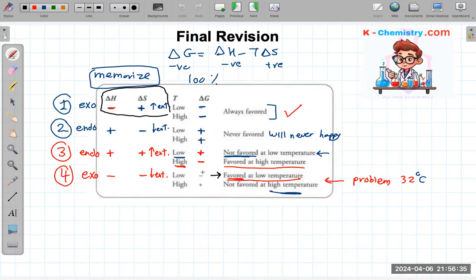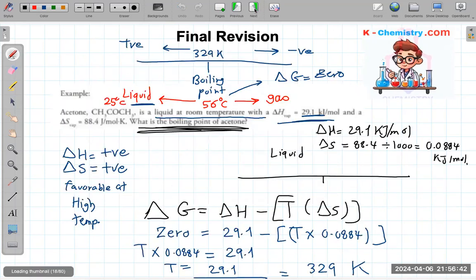So this will be negative delta G only if it is at low temperatures, and it will be positive delta G if it is not favored at a high temperature.